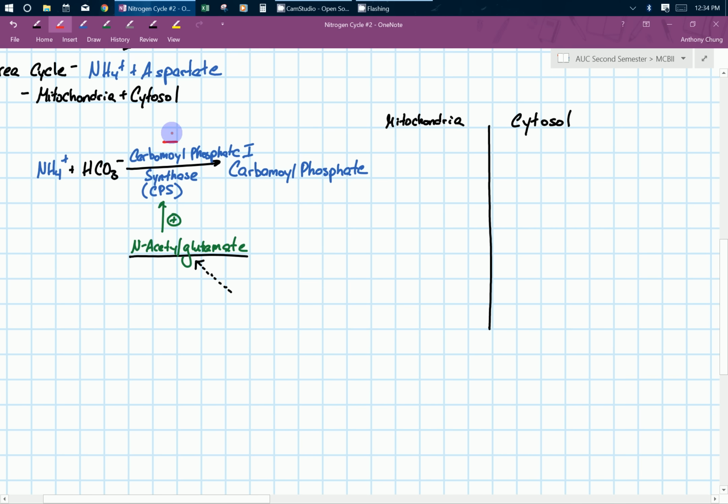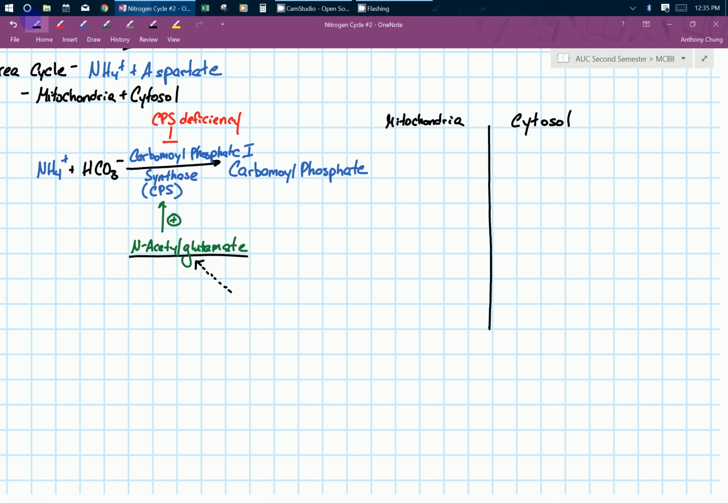There is a deficiency over here, CPS deficiency. I think the best thing to do is to make a chart with all the diseases, and I'll talk about the symptoms that you actually get. But this is where the CPS deficiency occurs.